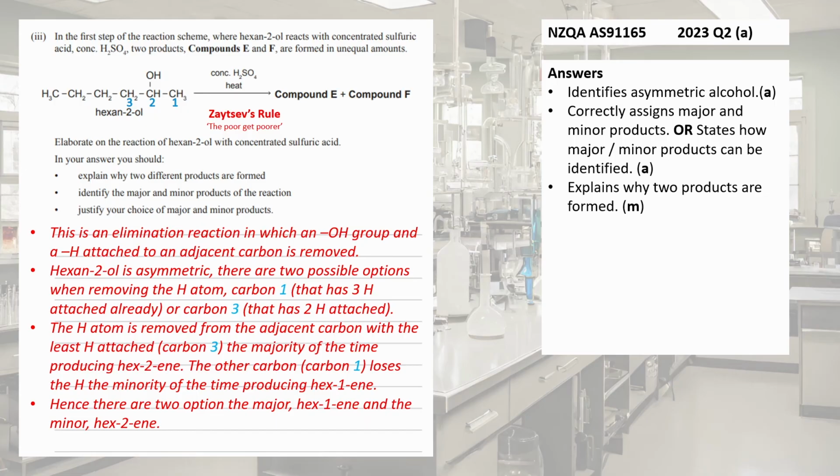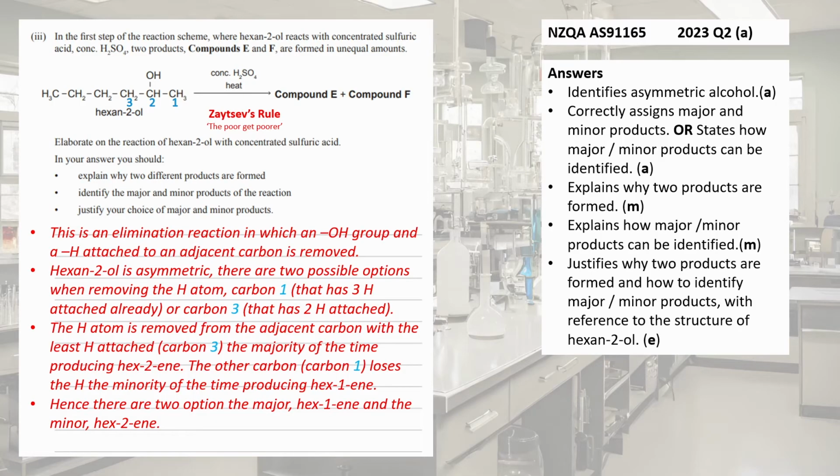The next thing we do is, did we explain why 2 products are formed? So this is more detailed. Did we say that because there are 2 different options, we will form 2 different products? Did we explain how the major and minor products can be identified? And the last thing is justify why 2 products are formed and how to identify major and minor products.